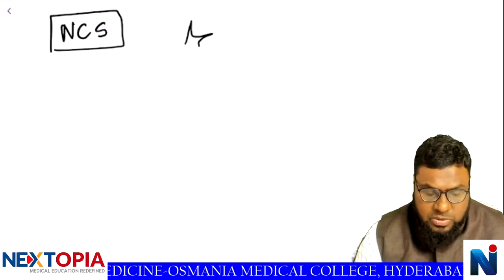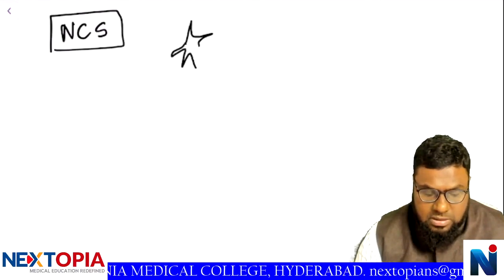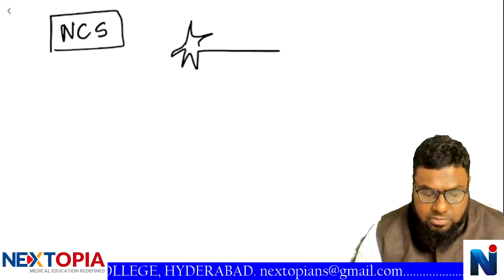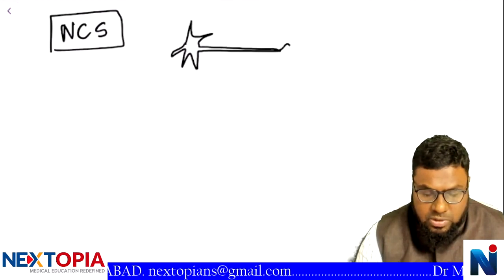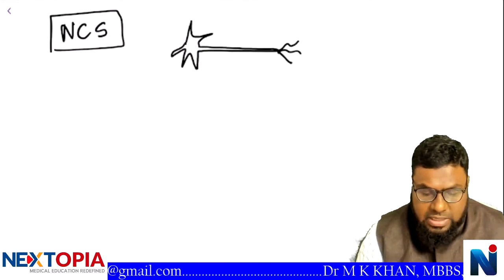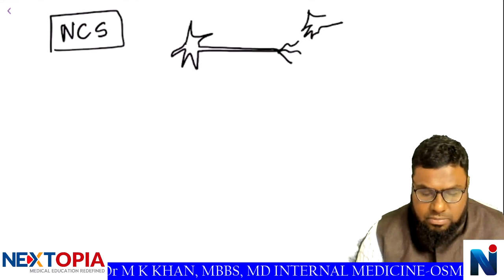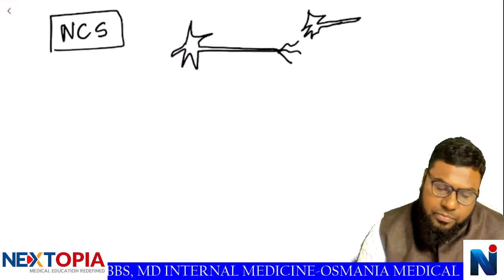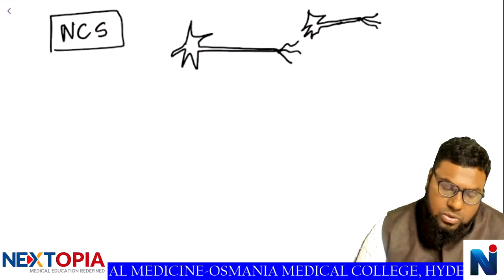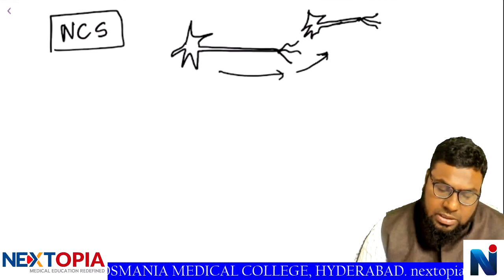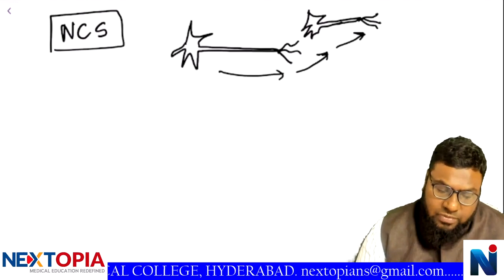Suppose this is the neuron, and it communicates with another neuron like this. In this direction, the nerve stimulus passes. After this, what will happen?